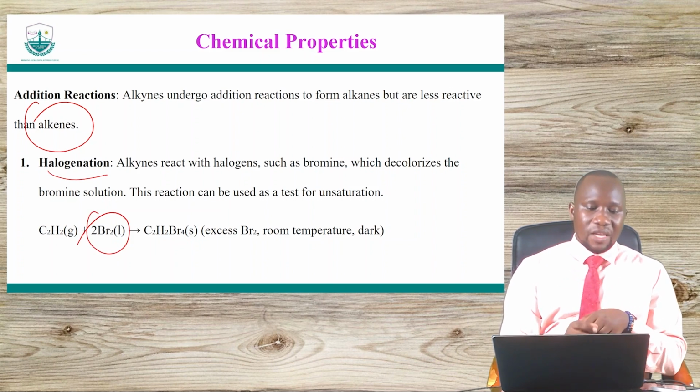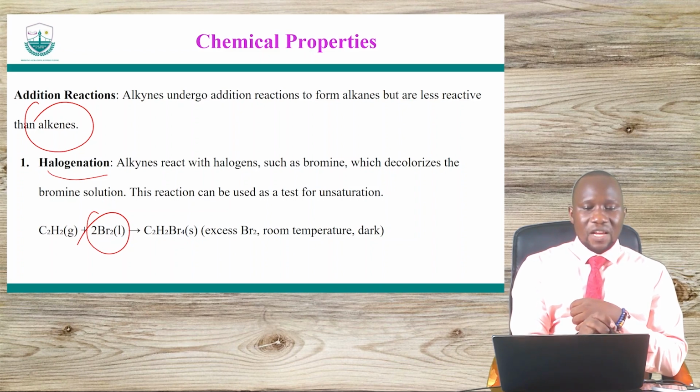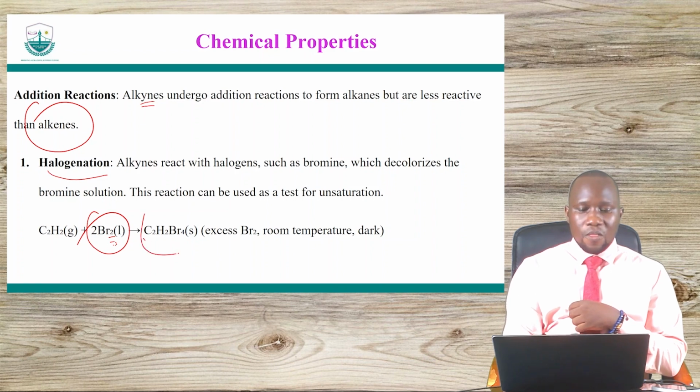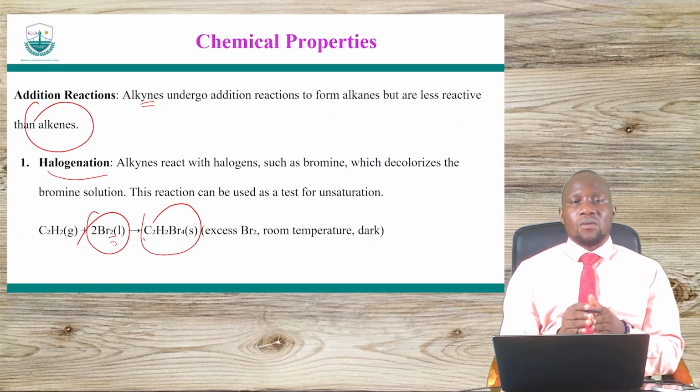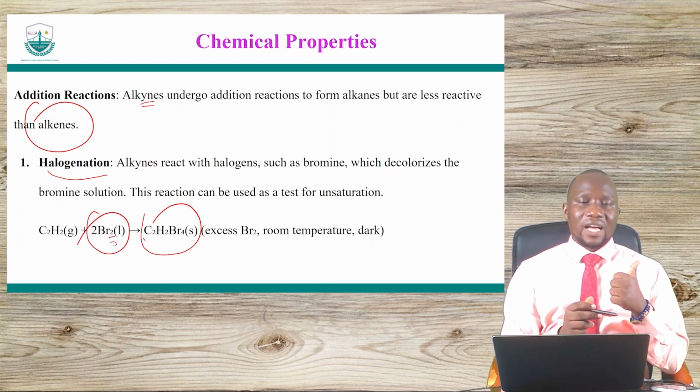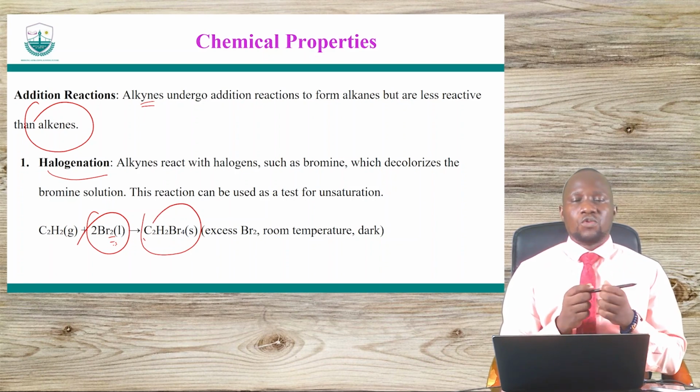So what happens is that the reaction of alkynes with bromine water decolorizes it to a colorless solution. That reaction is what we call an addition reaction. Also remember, in the alkenes, you have what we call addition reactions.